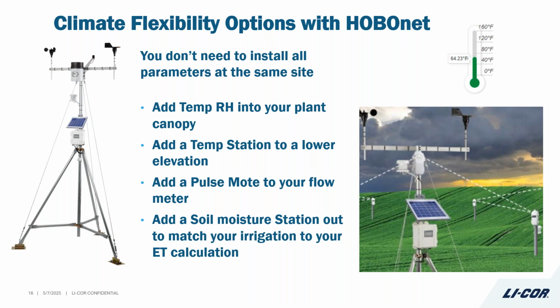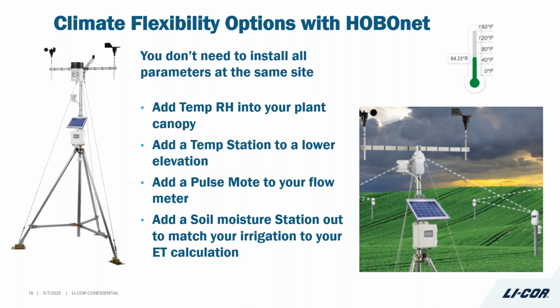But the thing is that you can add more to a weather station, right? We all have a place where we'd like to stick a weather station for wind speed and all that good stuff. But what if you wanted to add another temperature relative humidity sensor into your plant canopy? I know in the wine grape industry, people are really wanting to know exactly inside the canopy where the grape clusters are. What's the temperature? What's the humidity like actually in the canopy?